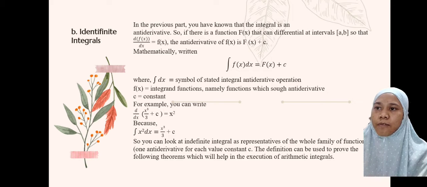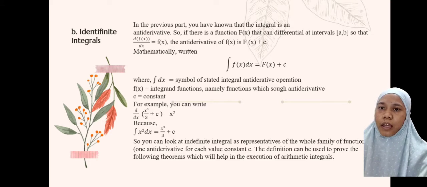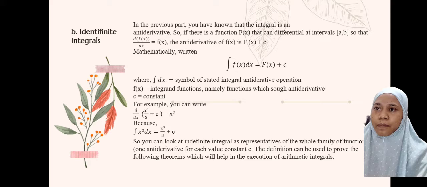B. Indefinite integral. In the previous part, you have to know that the integral is an antiderivative. So, if there is a function F(x) that can be differentiated at interval a, b, so that the dF(x) over dx equals f(x), the antiderivative of f(x) is F(x) plus c.